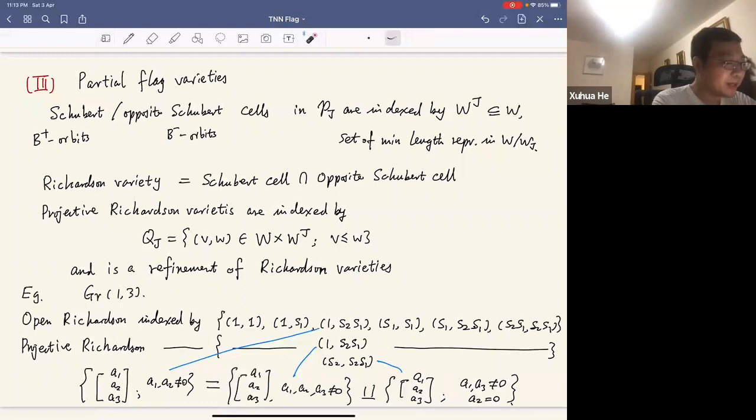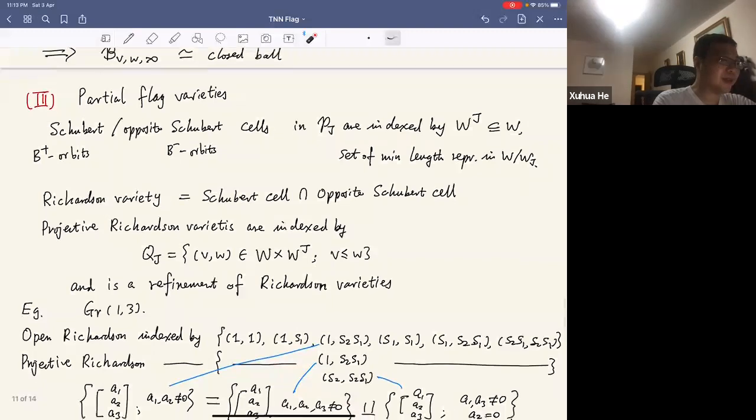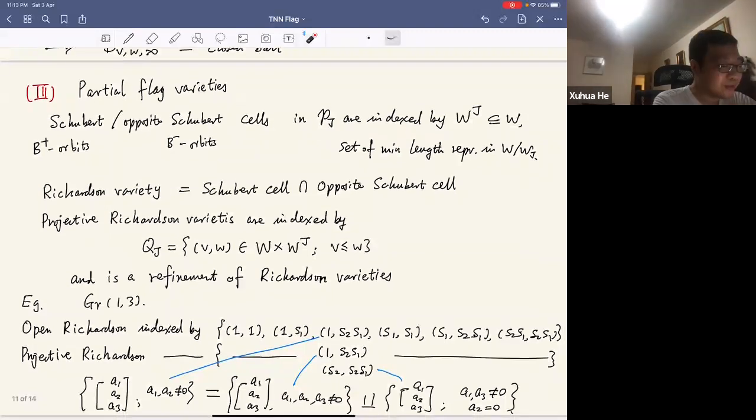Both the B plus orbits and the B minus orbits are indexed by W upper J. This is the set of minimal length representatives in the quotient of W by W lower J. Similarly to the full flag case, we may define the Richardson variety as the intersection of the Schubert cell with the opposite Schubert cell.